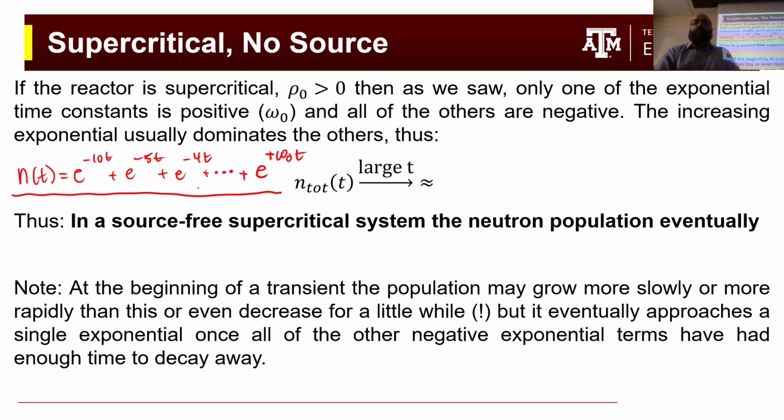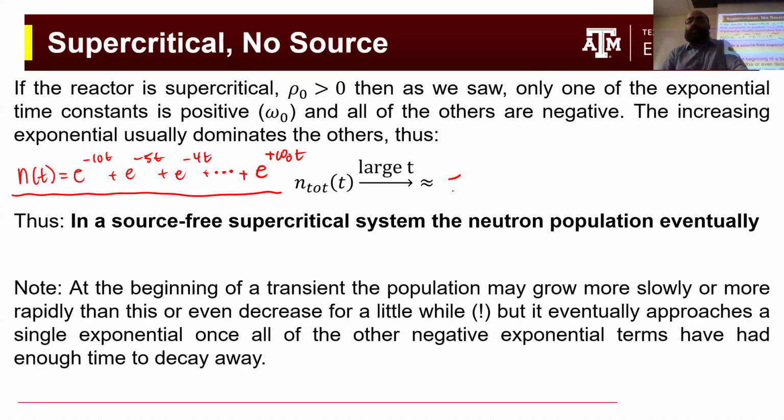So if I take this equation and take the limit as t is a big number, then aren't all of these negative exponentials going to decay away as time moves forward? And if these are more negative than the omega naught one, they're going to decay faster. So as time gets bigger and bigger, my solution is mostly just going to be dominated by the positive exponential because everything else is going to decay to zero.